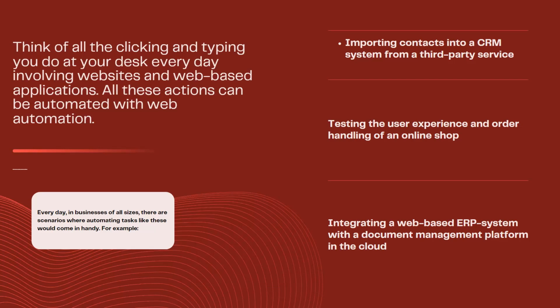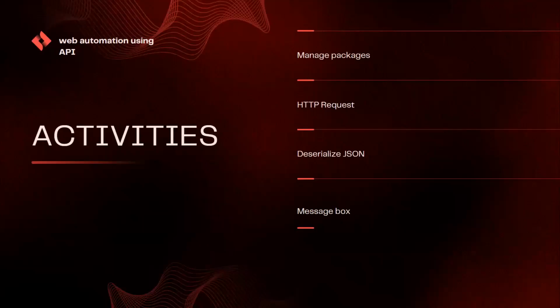Now what you are going to do is extract data and show the output using your UiPath. These are the 4 activities which you are going to put inside your UiPath. The first one is you will install a package. Next you're going to send an HTTP request to the website you are trying to extract the data from.